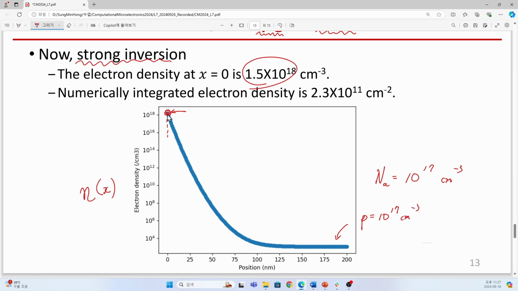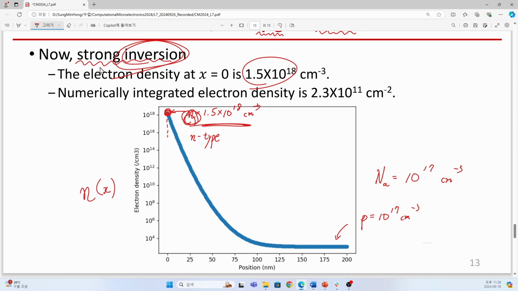But now in this position, although this is a p-type material, we have 1.5 times 10 to the 18 per cubic centimeter electron density, not hole density. So certainly this can be found in n-type semiconductor, not p-type semiconductor. That's the reason why we call it strong inversion.